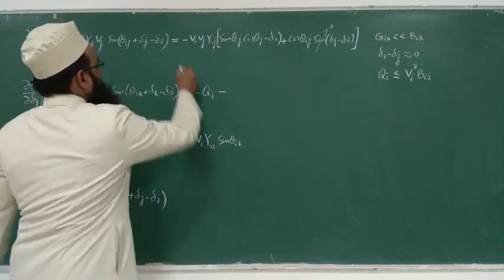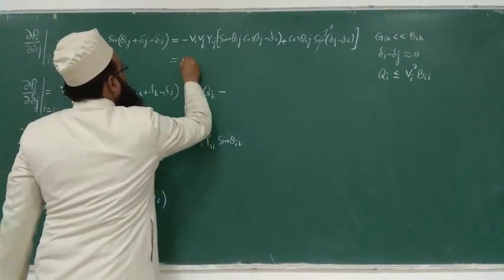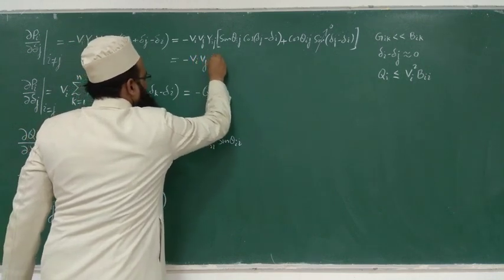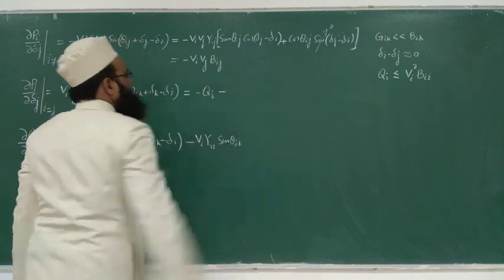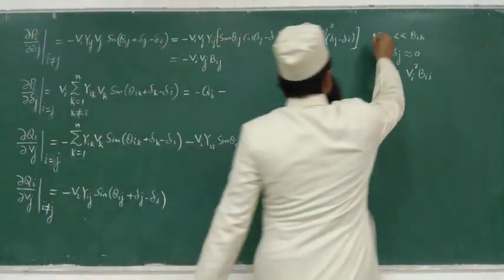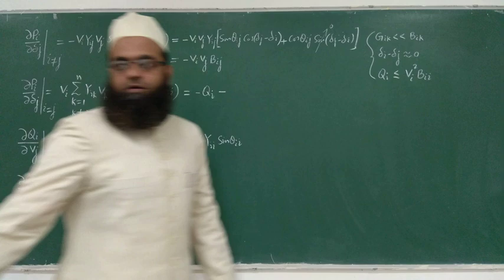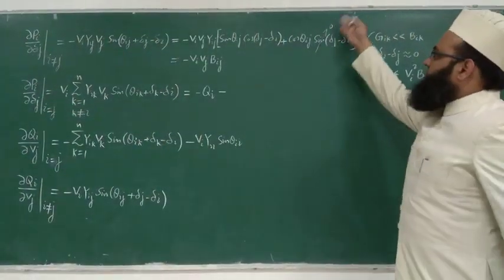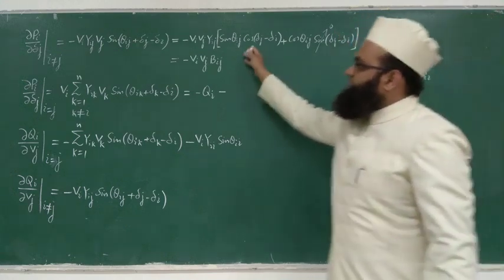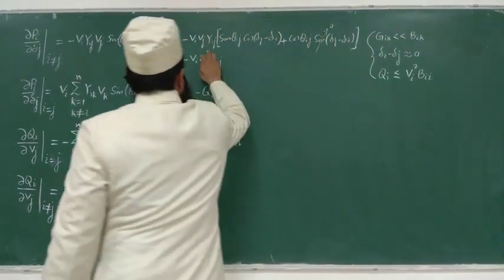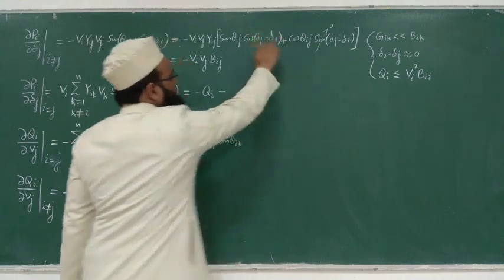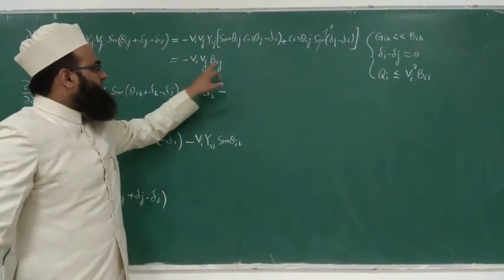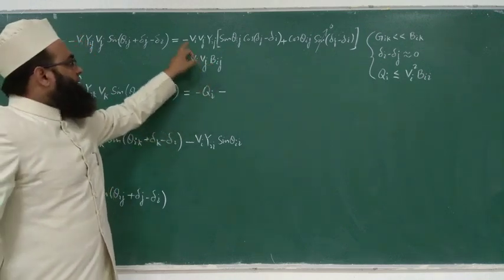So right here, that can be written as minus Vi Vj Bij with all these three assumptions. We have assumed that this is nearly equal to 0, so that term will vanish and we will have only this term. This into this, Yij sin theta ij, with the cosine nearly equal to 1, is nothing but Bij, with Vi Vj.